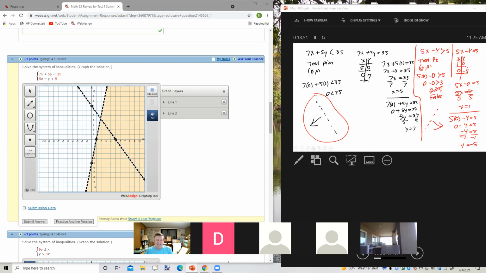Now I've got to look at the intersection of the two. So let's go back and get rid of all the fill. For this line, which is this one, it was here and here. For this line, which is this one, it was here and here.